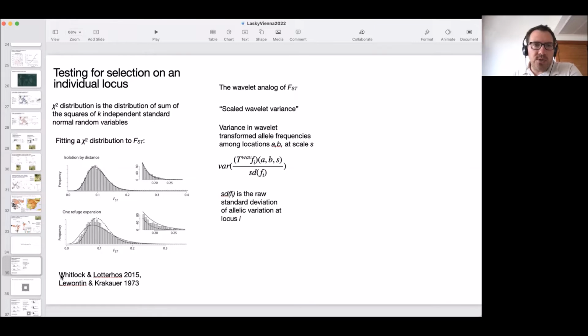And so what we're going to do is essentially create an analog for wavelet variance, where we expect it to still follow chi-squared because it's a sum of squares distribution. We take the wavelet transform at a given locus and standardize it by the allele frequency variation, or the standard deviation of allele frequency at that locus, and then take the variance of those standardized allele frequency transforms.